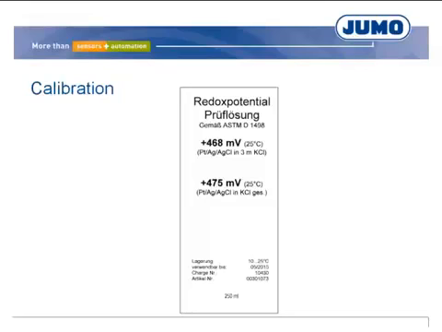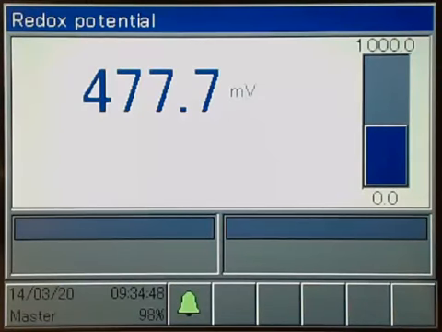If the combination electrode has a saturated KCl reference electrolyte, this is recognized by the salt rings in the reference system. A redox potential of 475 mV occurs. A 0-point calibration is carried out as follows.